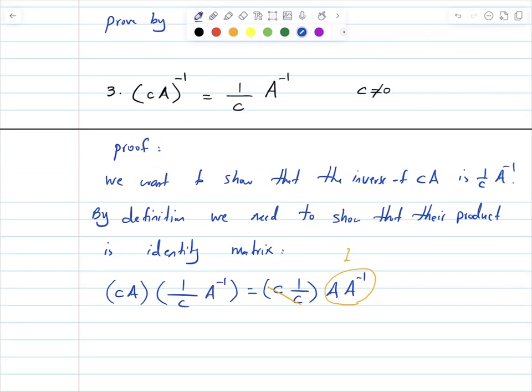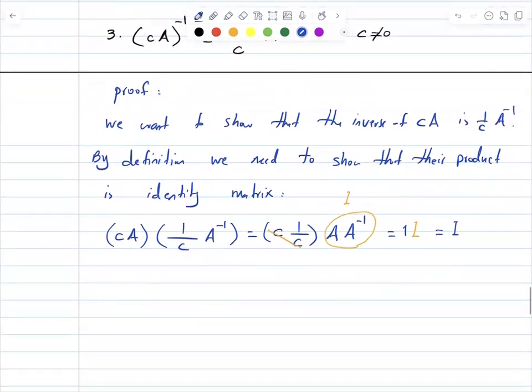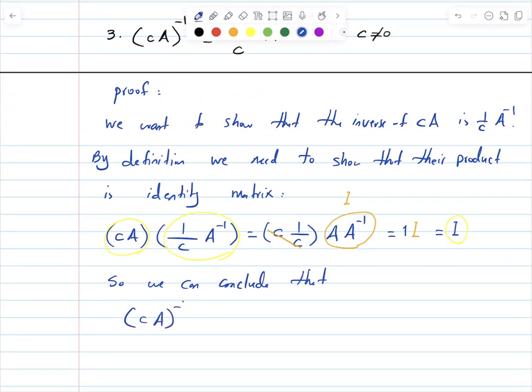So we have 1 times the identity matrix, which is the identity matrix. So we just showed that the product of CA and 1 over C multiplied by the inverse of A is nothing but the identity matrix. So we can conclude that the inverse of CA is equal to 1 over C times the inverse of A.